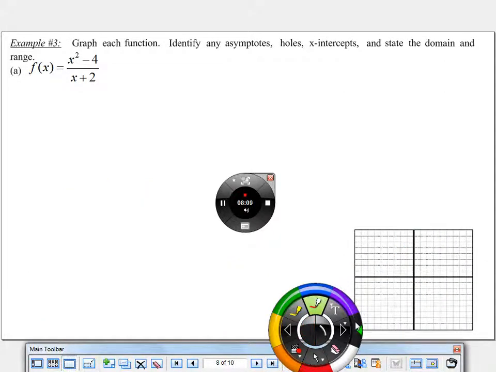All right, so here we have a function, okay? We look at the function. We're going to find out all the normal things that we would find out, but there's something special about this function that creates the fact that it does have a hole. Does anybody notice something about this function different from some of the other ones we've talked about that would cause this idea of a hole?